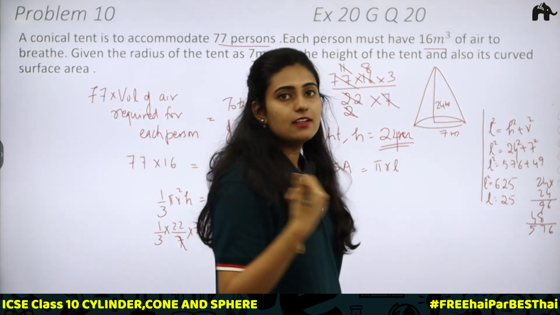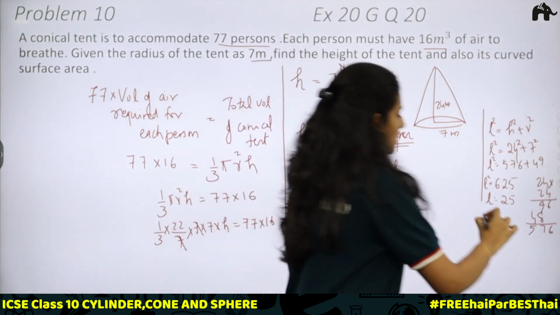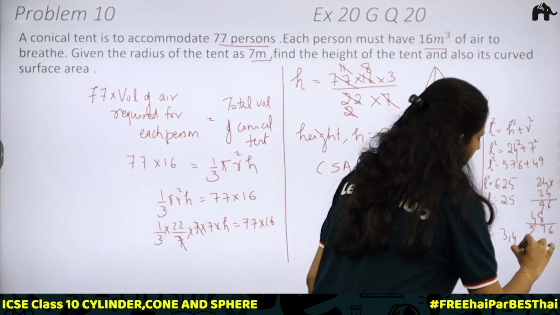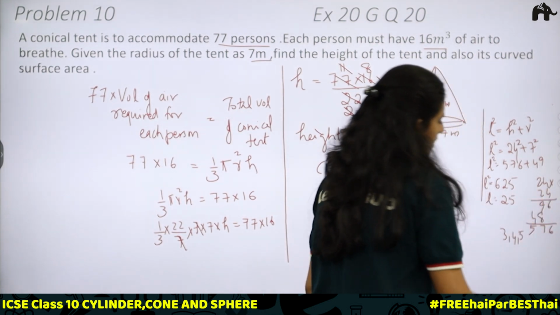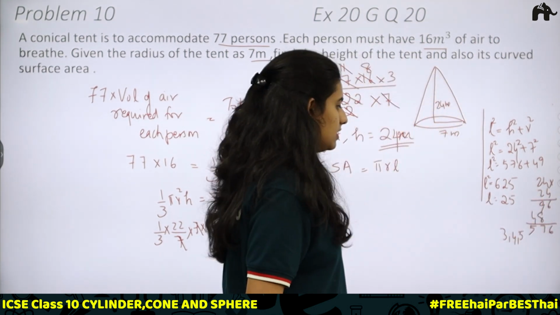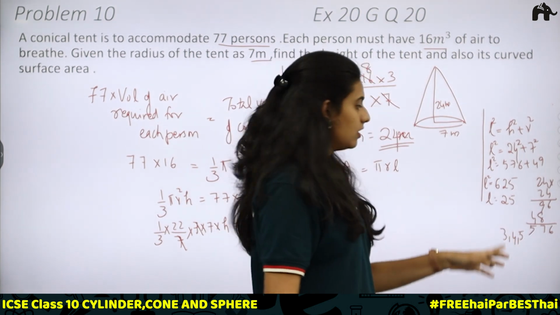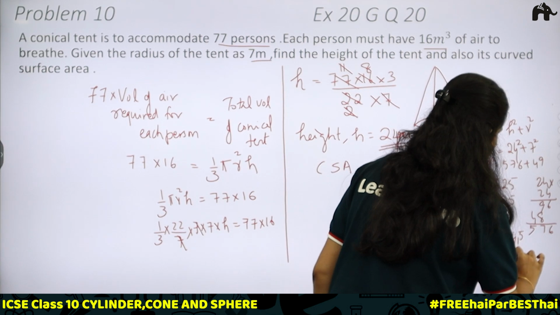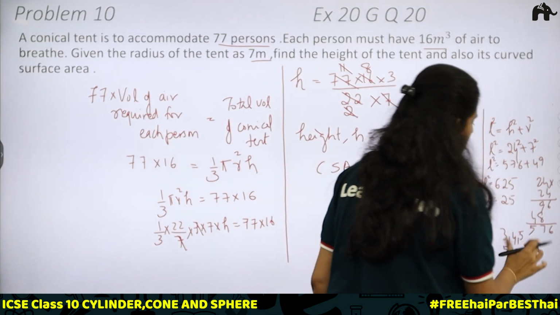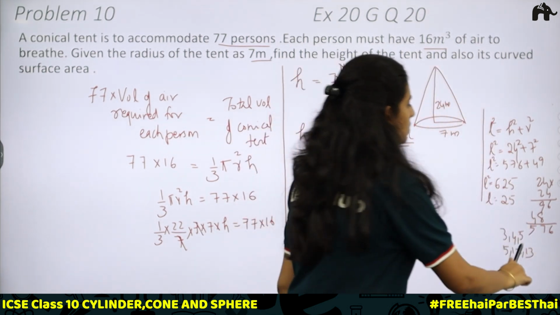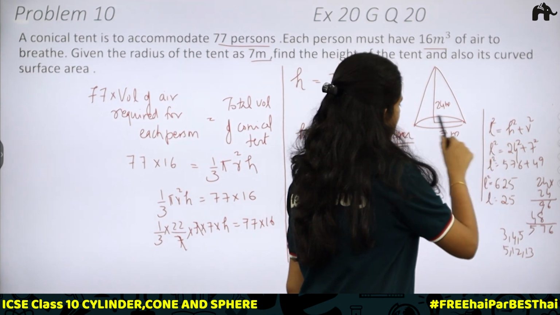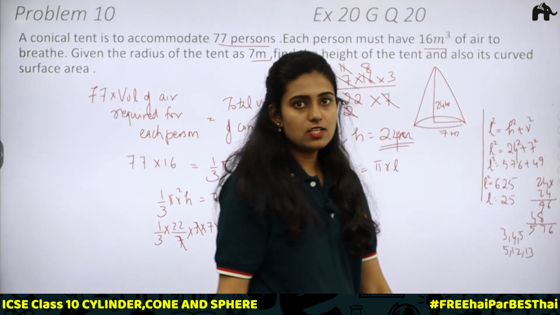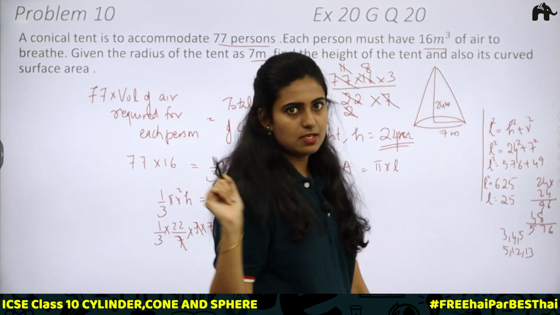There are many other Pythagorean triplets, 3, 4 and 5. These are Pythagorean triplet. 3 square plus 4 square will be giving you 5 square. Then you will be having 5, 12, 13. This is a Pythagorean triplet. Similar to this, here 7, 24 and 25 is a Pythagorean triplet.